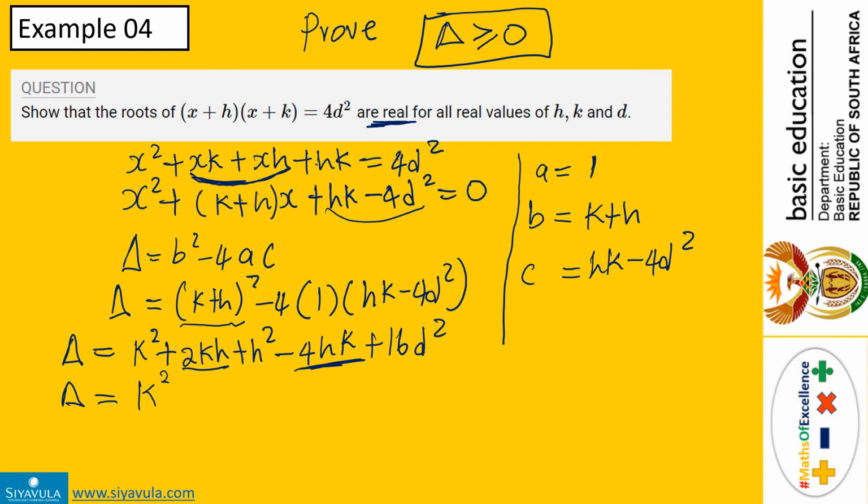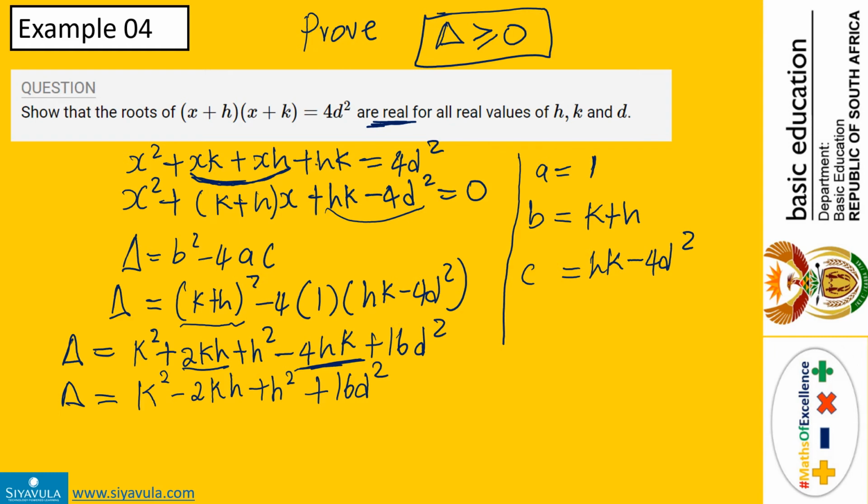So 2kh minus 4hk gives us minus 2kh. h², no friend, and then 16d², no friend. So now let's simplify this one and see how it will go.